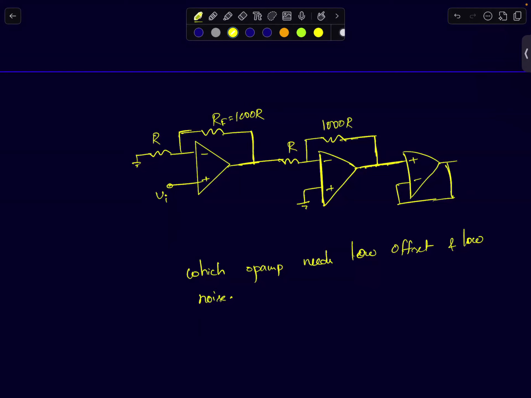Can you tell me by looking at the circuit? Let's call these op-amps O1, O2, O3. Which op-amp noise is most critical, meaning it matters the most in this circuit?